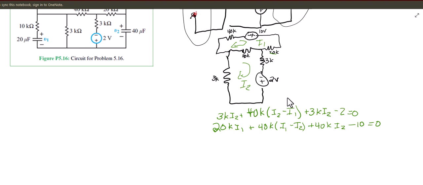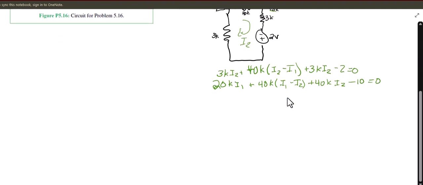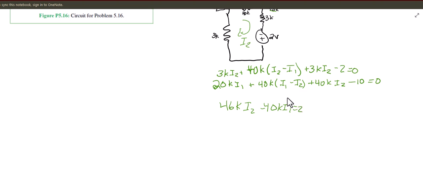It does. Okay. Then it looks like I combined some things and I got 46K I2 minus 40K I1 equals 2. So 46 I2 minus that looks good.